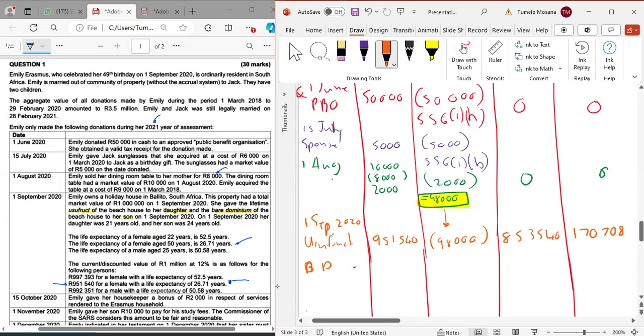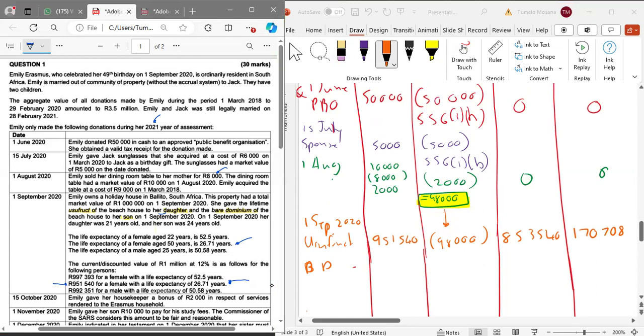The amount that leads us to the shortest is the 26.71, the lower of these 2 years. So I look for the discounted value in relation to the 26.71, which is 951,540. Okay, thank you.